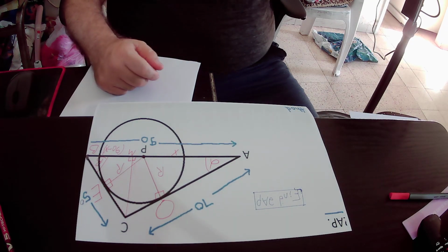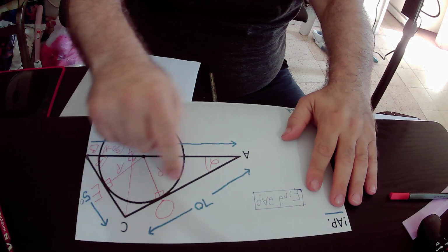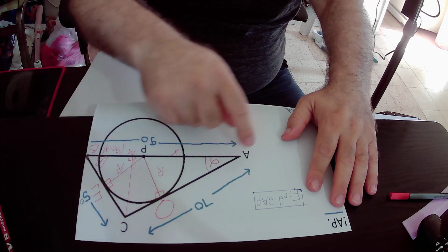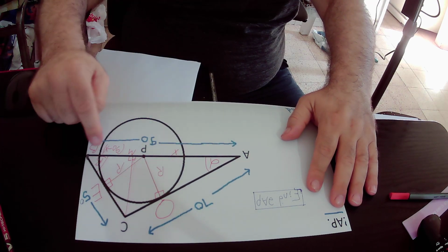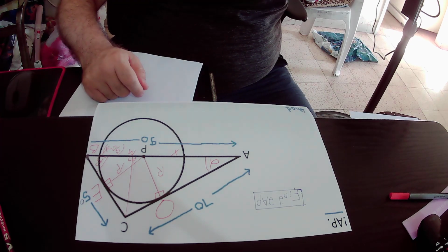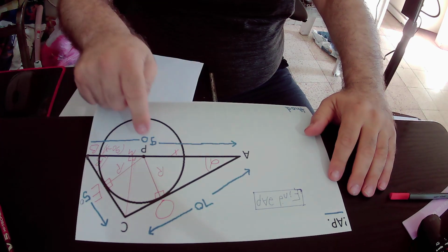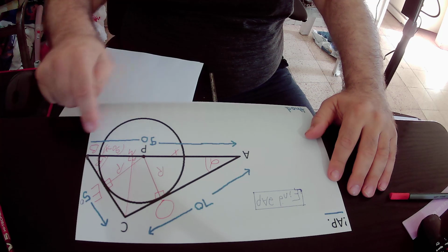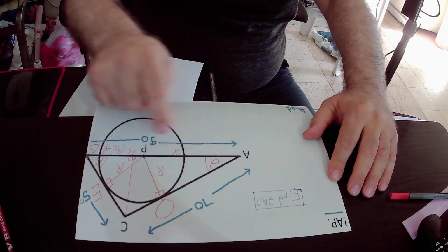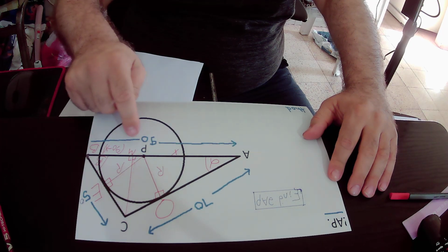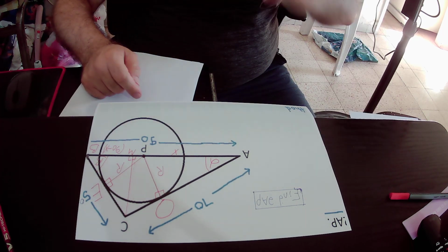And then we defined angle CAB as alpha and angle ABC as beta. And also we defined AP as x, so PB will be equal to AB, that is 90, minus AP, that is x, so PB equals 90 minus x.